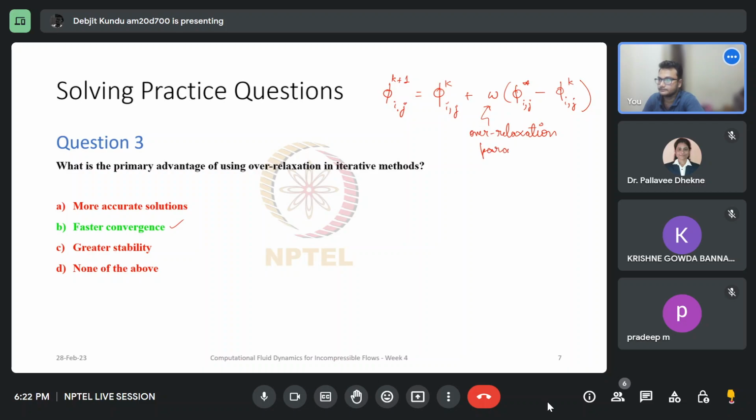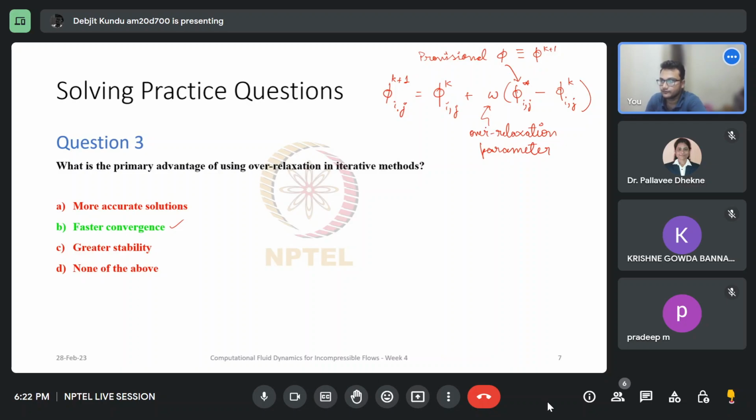And this one here is the provisional value of phi, so we'll call it provisional phi, and this is somewhat equivalent to phi in the (k+1)th iteration, right? Not exactly equal, it's equivalent to it.